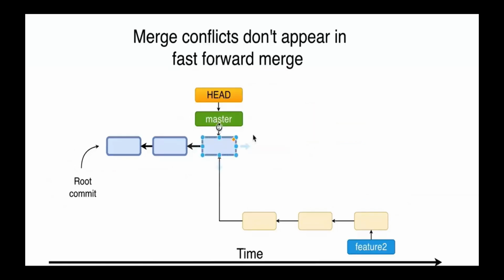In the next slide, merge conflicts don't appear in the fast forward merge. There is no extra commit on the master branch after the instance when you created your branch.